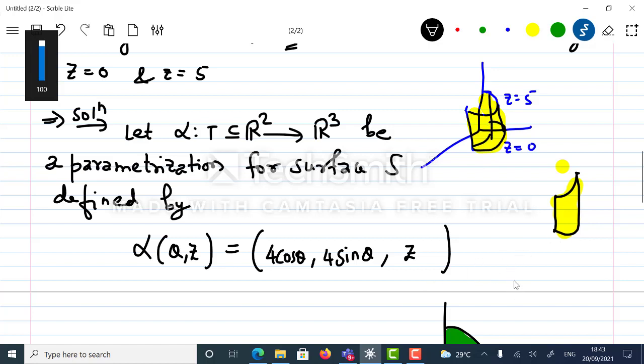So T is the set of all theta comma z such that theta is between 0 and pi by 2 and z is between 0 and 5.